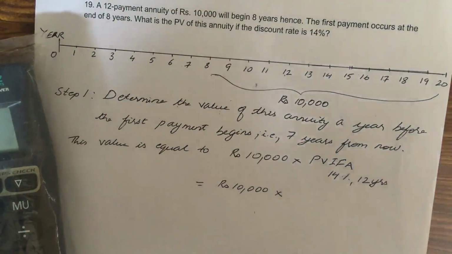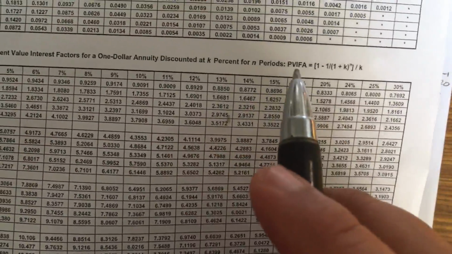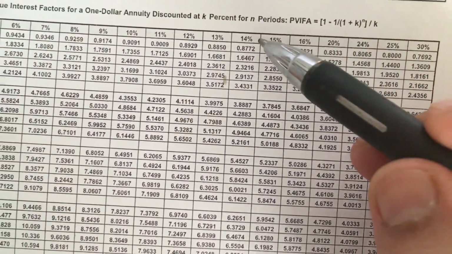Let's look at the table. The PVIFA table. 14%, where's 14%? There it is.